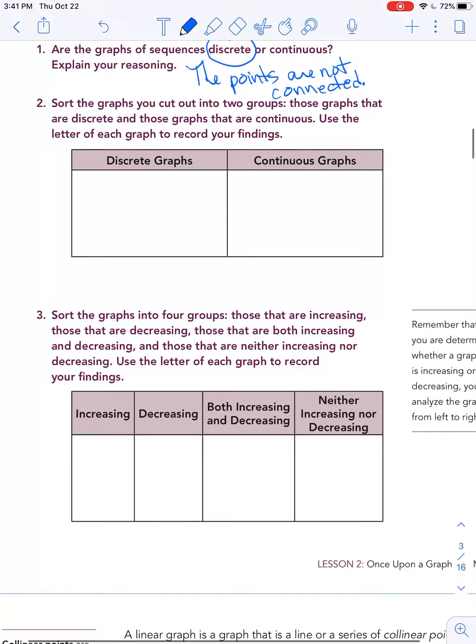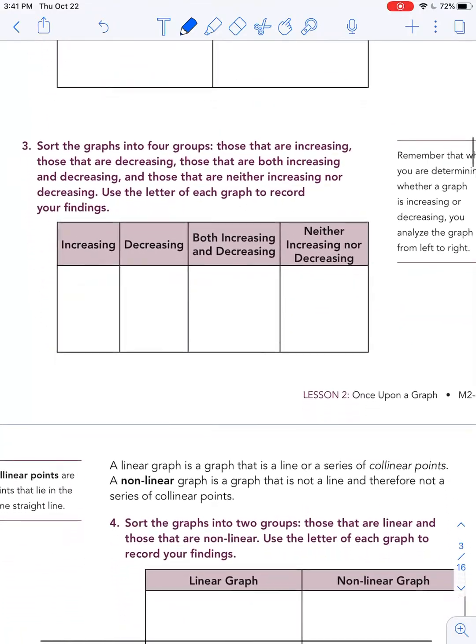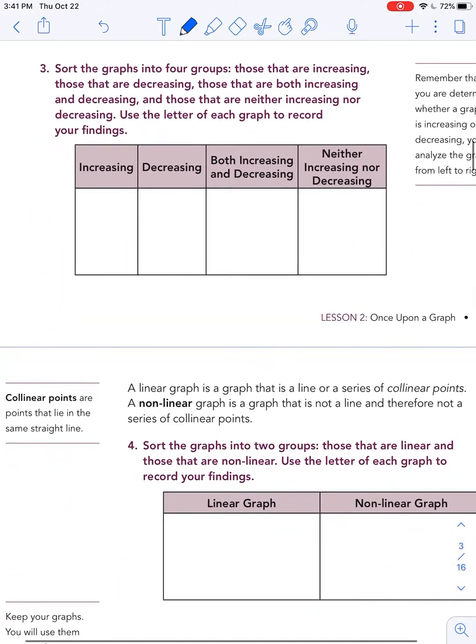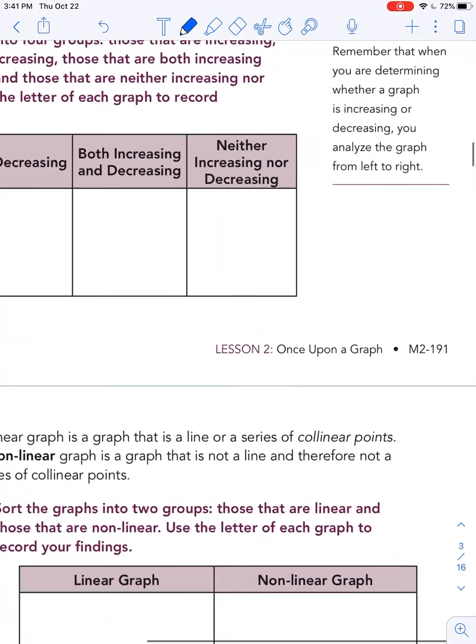So the next, I know I need these pictures much closer. Okay, so we're going to sort the graphs into four groups: those that are increasing, those that are decreasing, those that both increase and decrease, and those that are neither increasing nor decreasing.